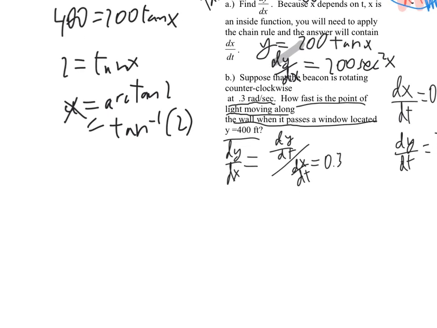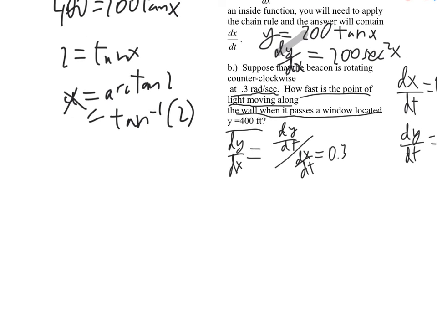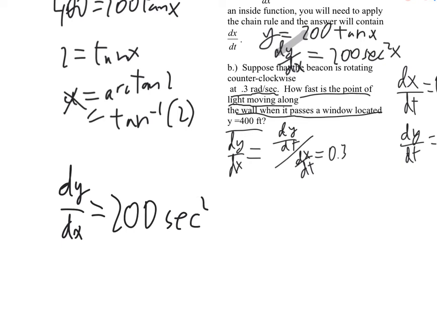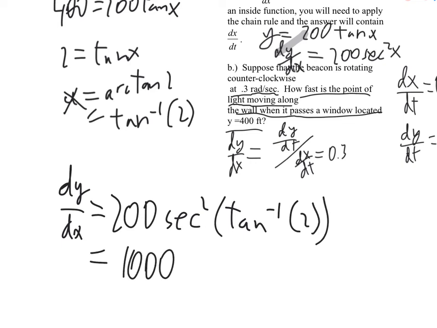I know it's like 1 point something, and plug it into my dy/dx, which equals 200 secant squared of tangent inverse of 2. And the calculator should give you 1,000. That's the answer for dy/dx.